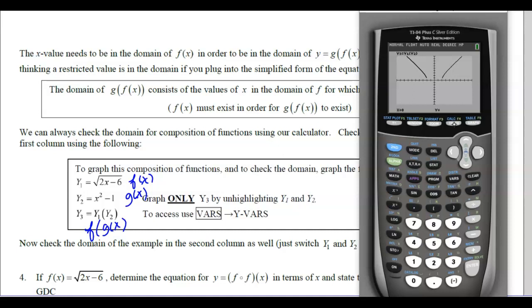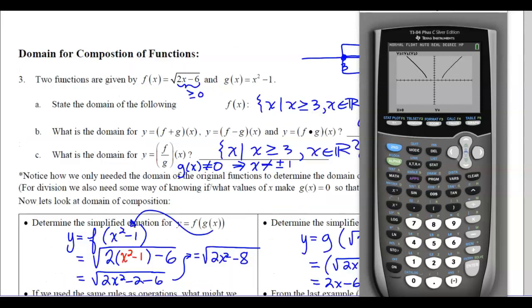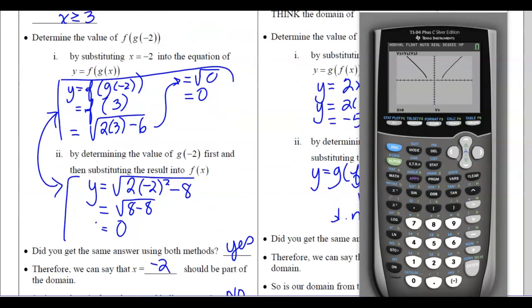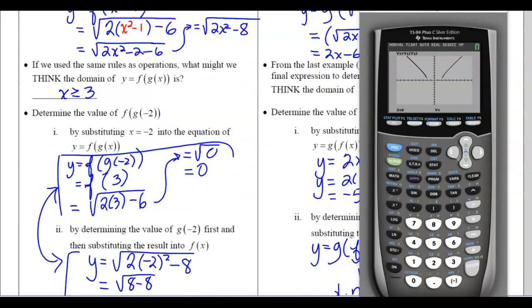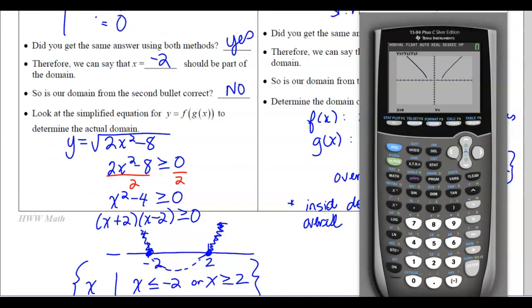All right, so that was the first one, right? So that was f of g of x. So if I go back to my chart there, we did f of g of x to start, and we said our domain was less than or equal to -2, greater than or equal to 2. You can see it looks like there's a little gap there.